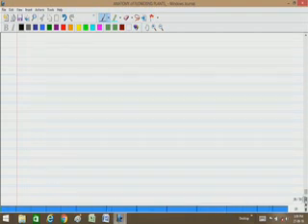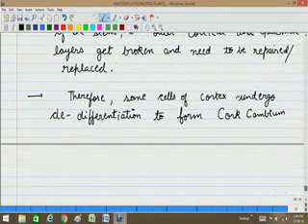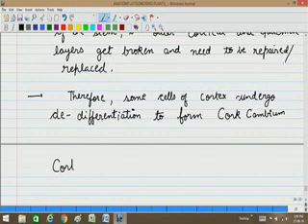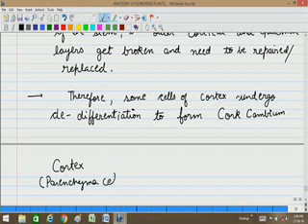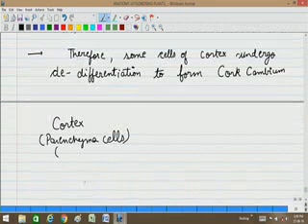So this is dedifferentiation. Cortex has parenchyma cells. Cortex is primary permanent tissue.